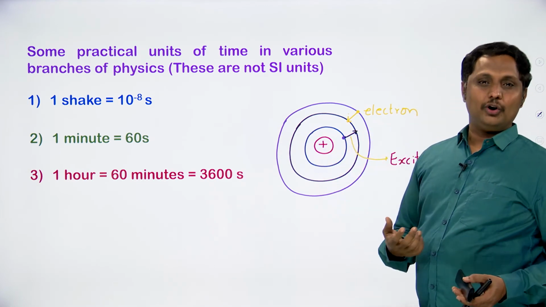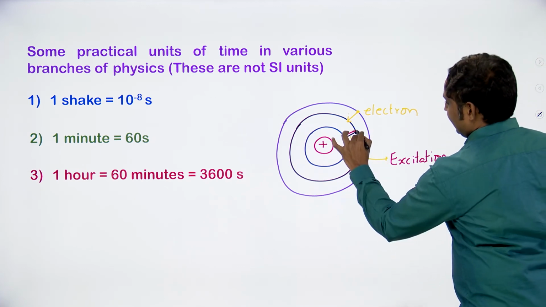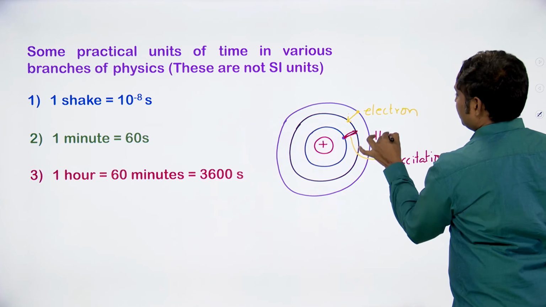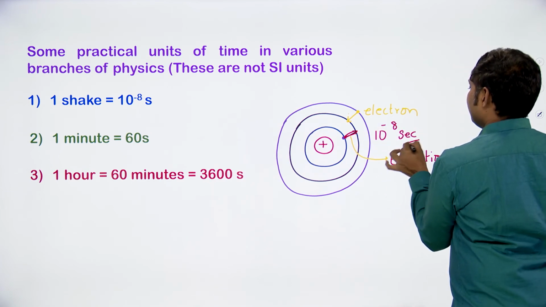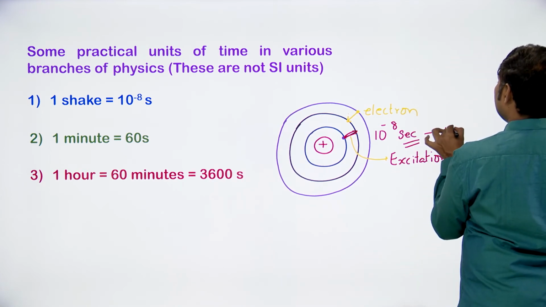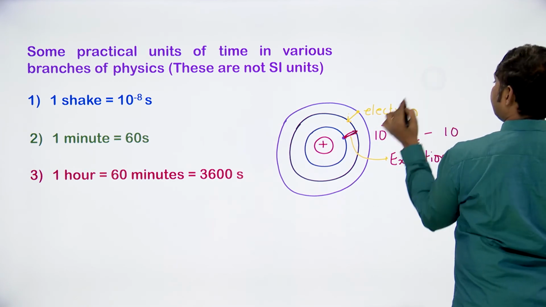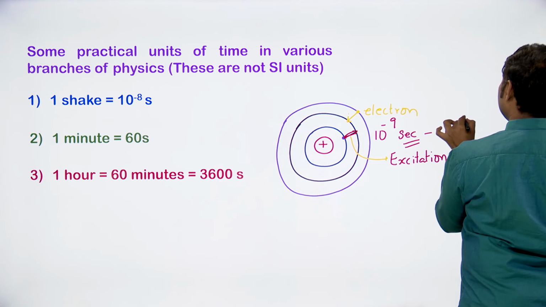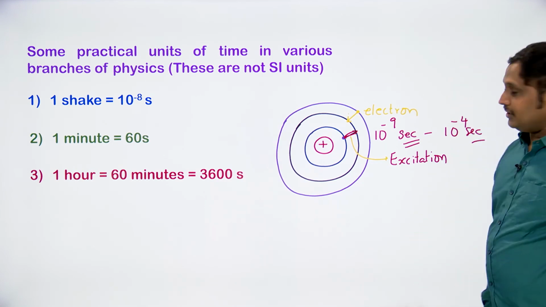It will excite here and it will de-excite. What about the time? It is going to be around 10 power minus 9 seconds to 10 power minus 4 seconds. What is the time interval?